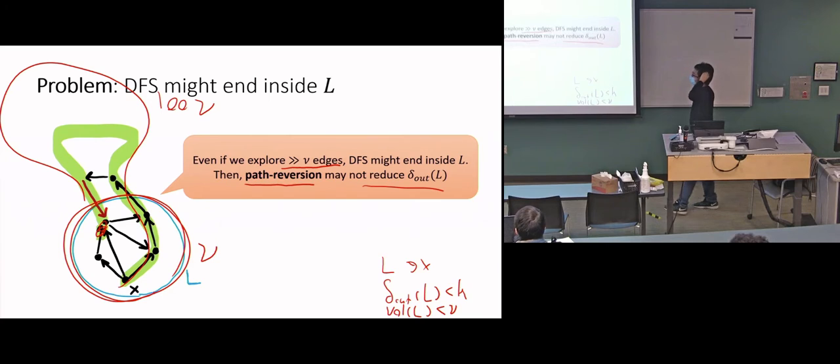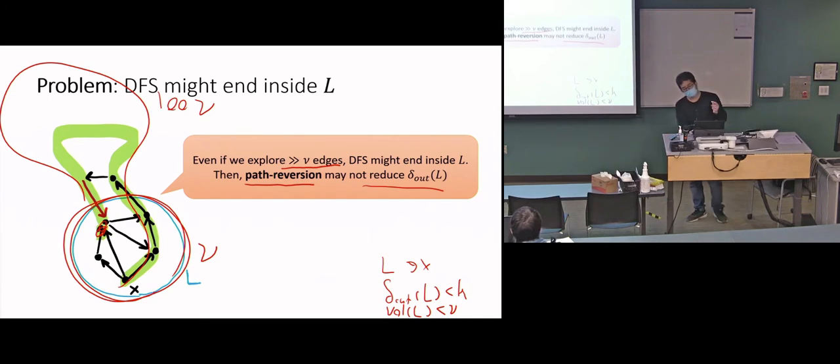What about a fraction of the edges? Suppose that I don't require a deterministic algorithm. So, something random, yeah.